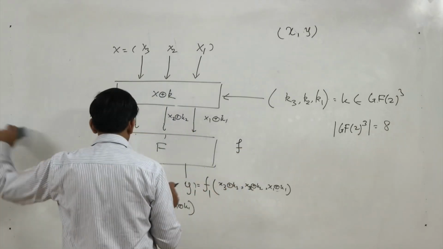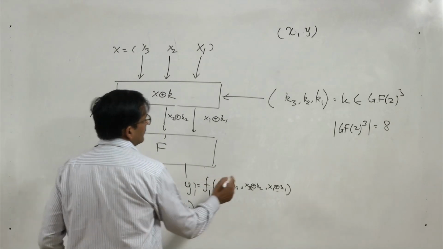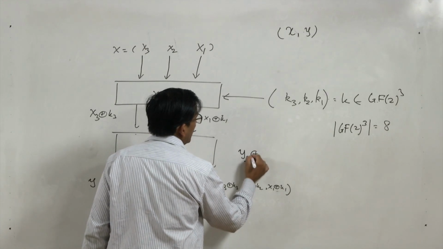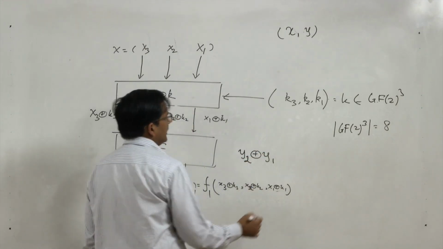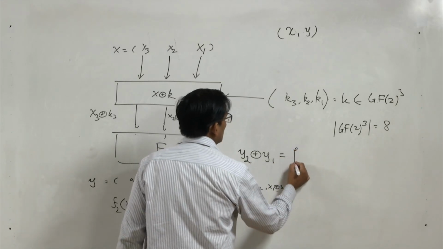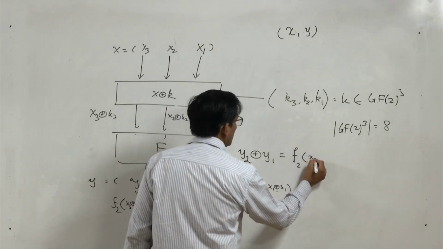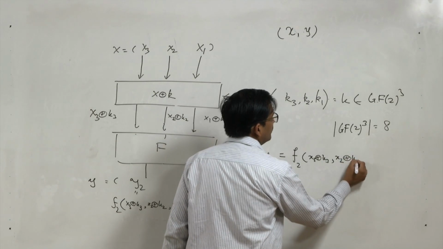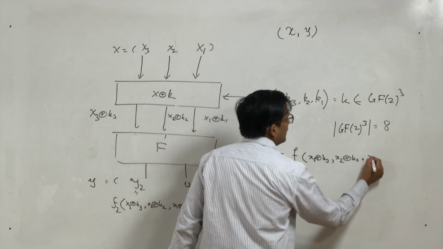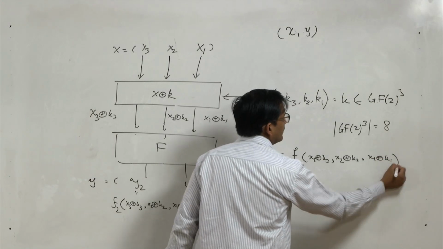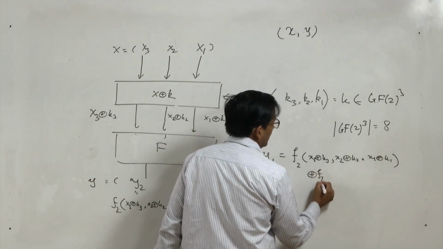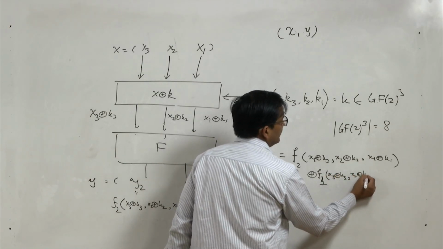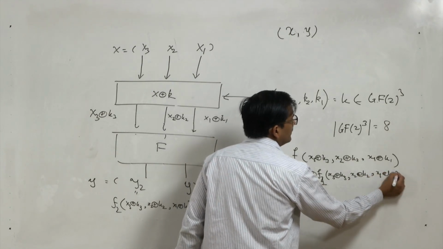So, if I add Y1 and Y2, let me write it over here, then I am adding F2 of X3 plus K3, X2 plus K2 and X1 plus K1, XOR F1 of X3 plus K3, X2 plus K2, X1 plus K1.